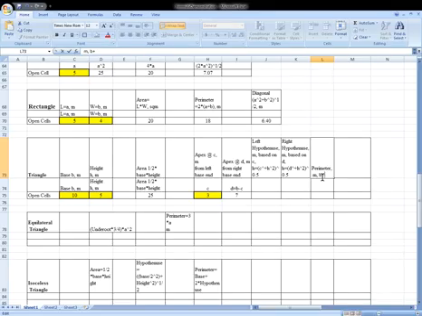We can say this is H1 and this is H2, for nomination purposes. So H1 plus H2. This is our formula that we can use forever.